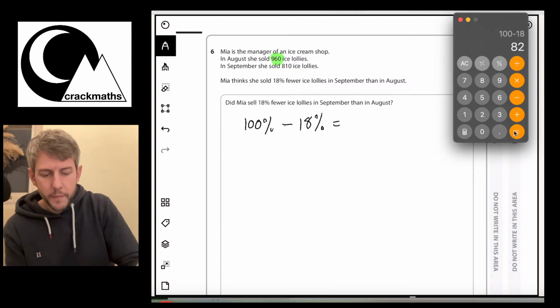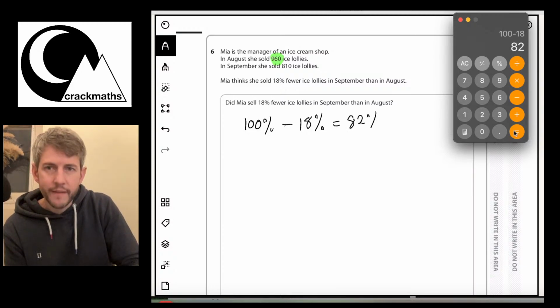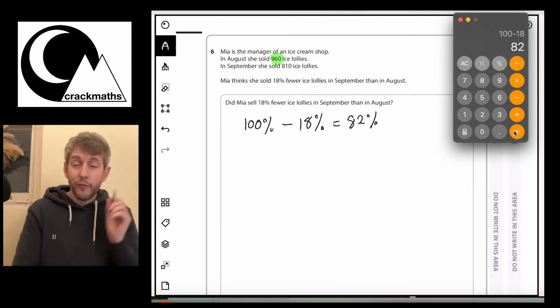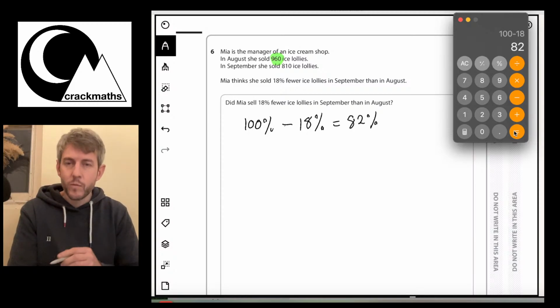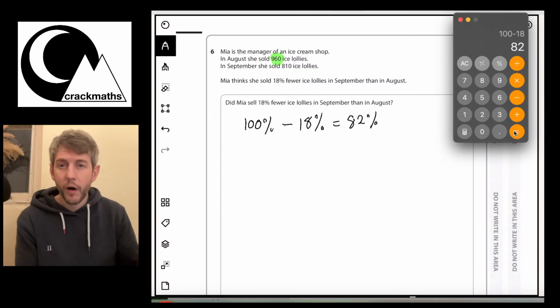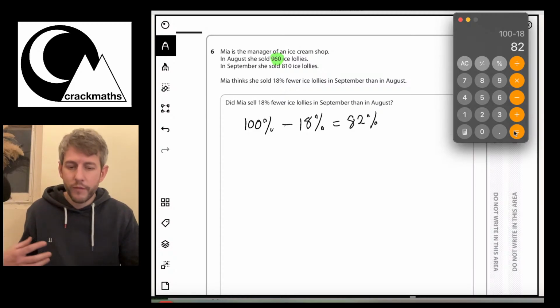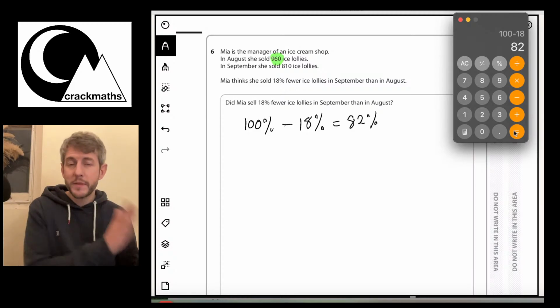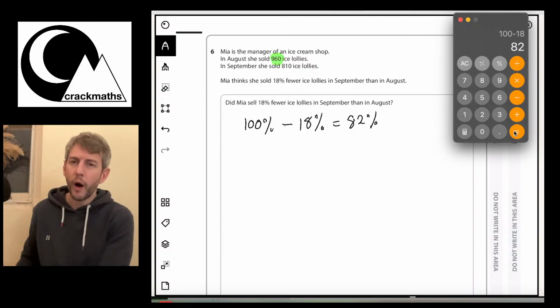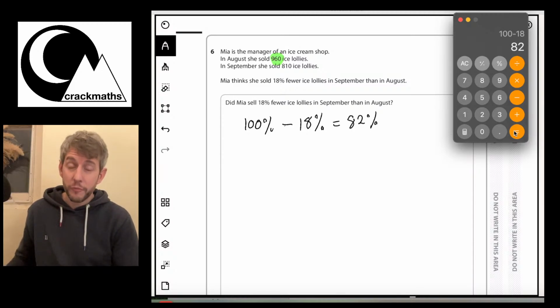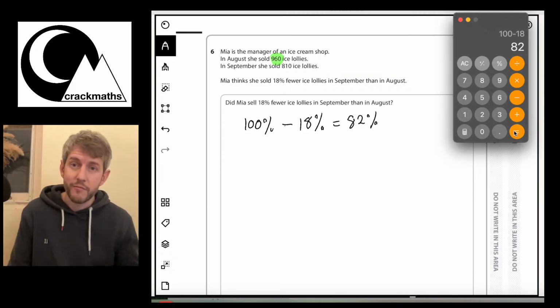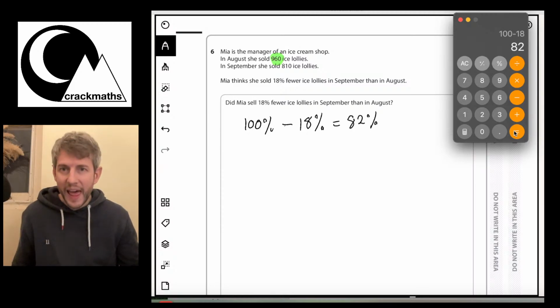So that means I'm going to be looking for 82%. Now, if I want to find 82%, what I've got to do here is my percentage fraction decimal equivalence. So I'm going to have to turn my percentage into a decimal, and then what I'm going to have is a decimal multiplier where whatever I multiply by this decimal will give me that 18% reduction, or we could call it 82% of the value.